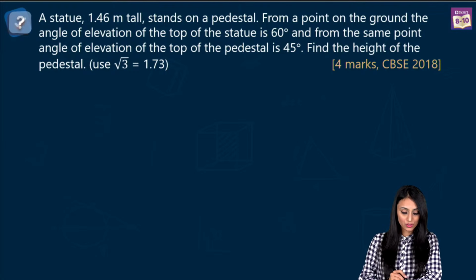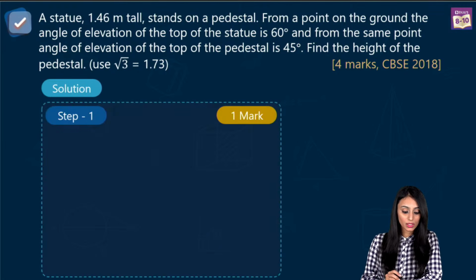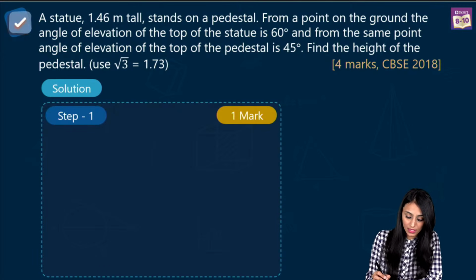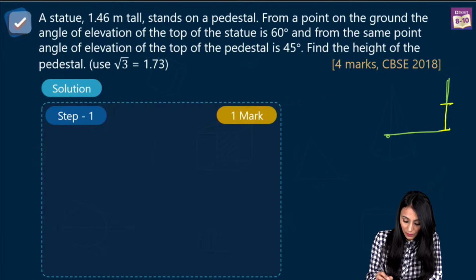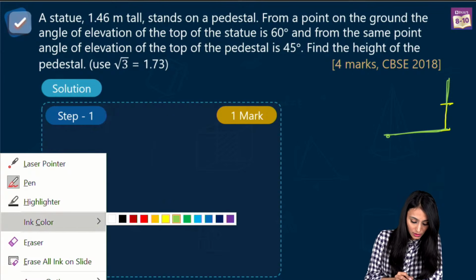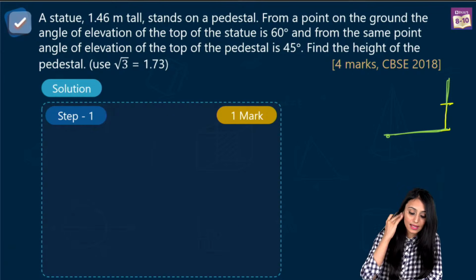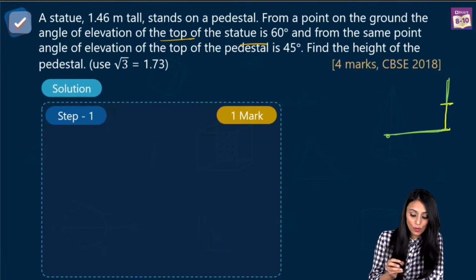So, first of all, let's draw the figure. We are talking about a statue which is standing on a pedestal. So, let's say this is the pedestal, right? And statue is above it. I'll just change the color. This is the statue in green. From a point on the ground, this is the ground level, okay? From a point on the ground, it says the angle of elevation of the top of the statue. This is the top of the statue, angle of elevation.